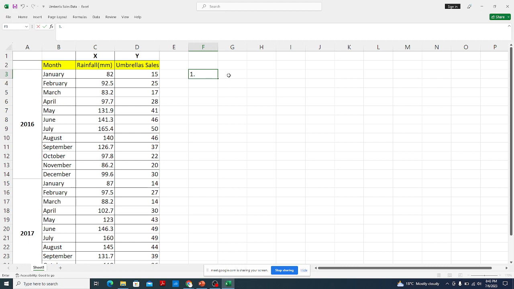So with that, we have the first method, which we used: the scatter plot method.